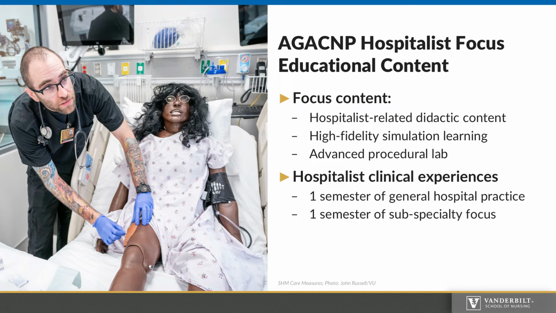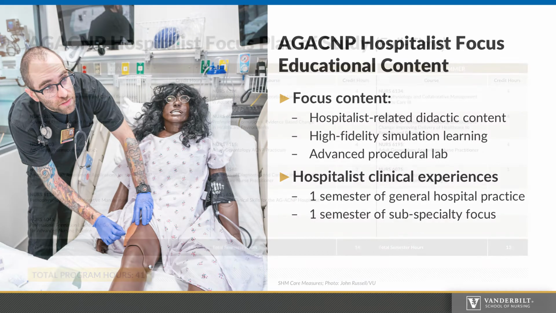So for example, if you have interest in nephrology, we then want to pair you with an AGACNP colleague that specializes in nephrology. Or if you have interest in neurology patient population, we want to give you that additional training. So 1 semester of general hospital practice and then 1 semester of a subspecialty focus.